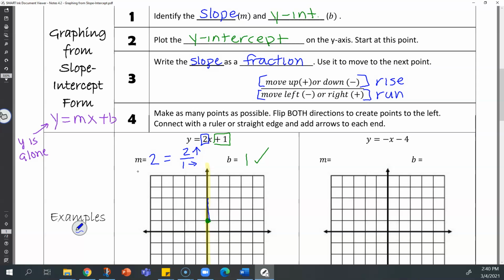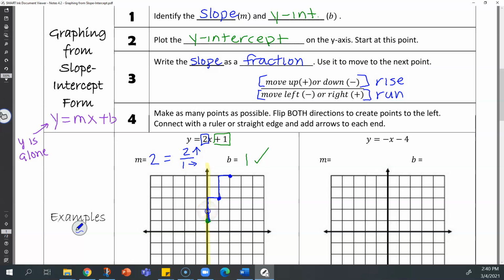So now I'm actually going to follow this roadmap. I'm going to start at my first point, at my y-intercept, and I'm going to go 2 up and 1 to the right. Once I get there, I'm going to draw a point. And then I'm going to repeat this process. I'm going to go up 2 and 1 to the right until I get to my next point.